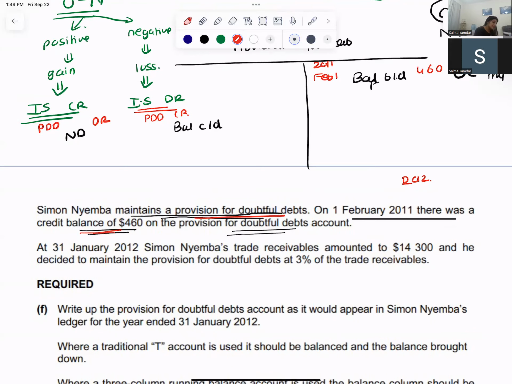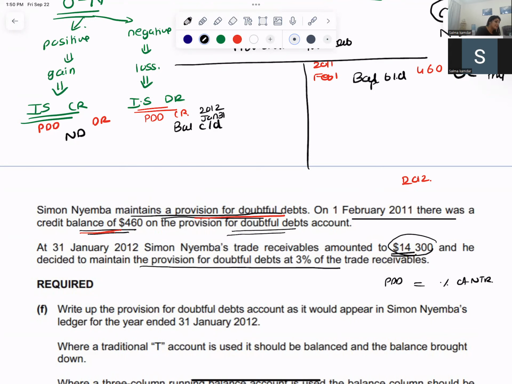On the last date, 2012, Jan 31, my trade receivables were 14,300. Provision for doubtful debts is created as a percentage of net trade receivables, that is 14,300 minus the new bad debts. We have decided to maintain the provision at 3%, and I do not have any details about bad debts.